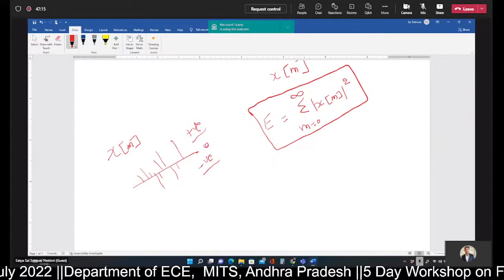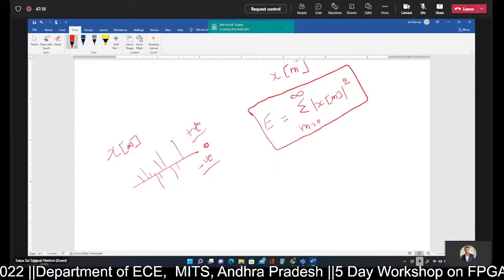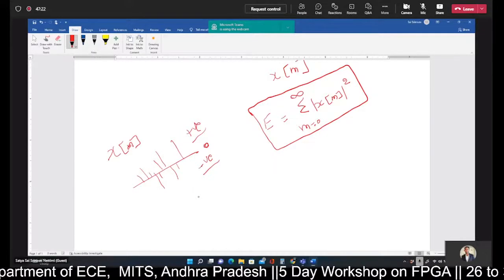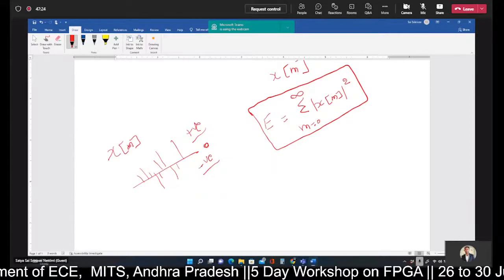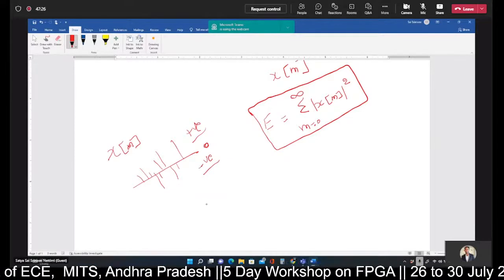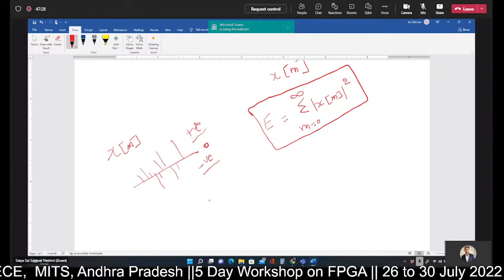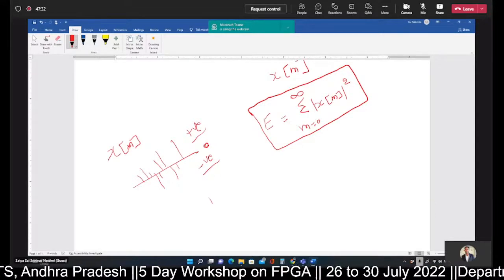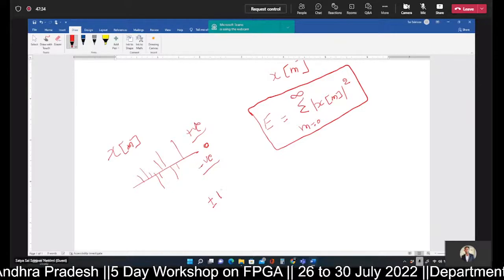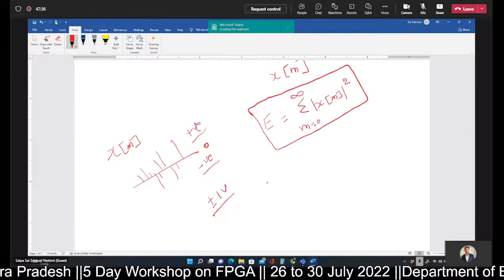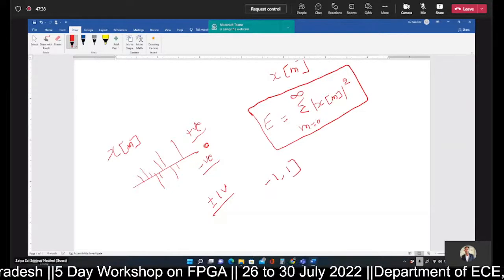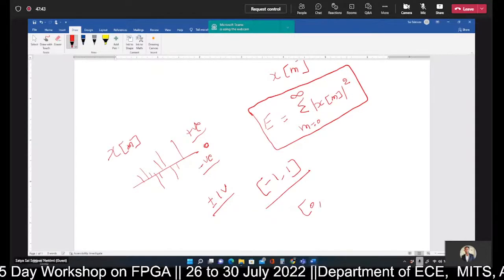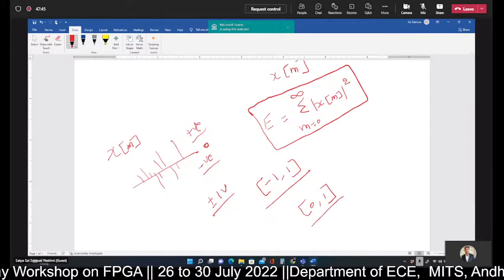So this is at 0 reference, and if you take any real-time system, it is a normal convention to limit the signal amplitudes to plus or minus 1 volt. So maybe minus 1 to plus 1, either we take in this range or else 0 to 1.